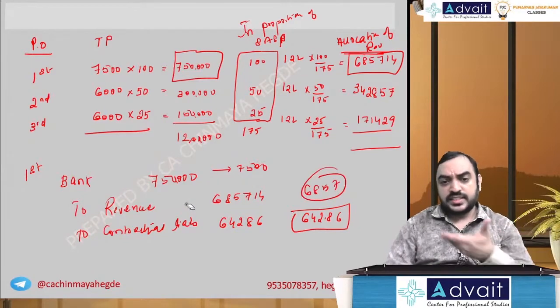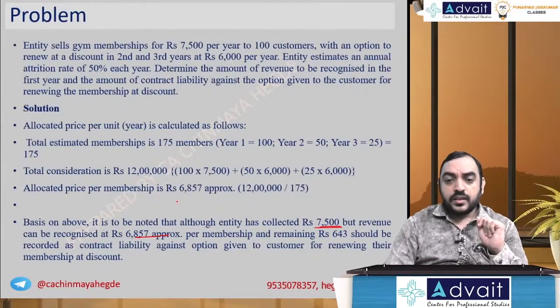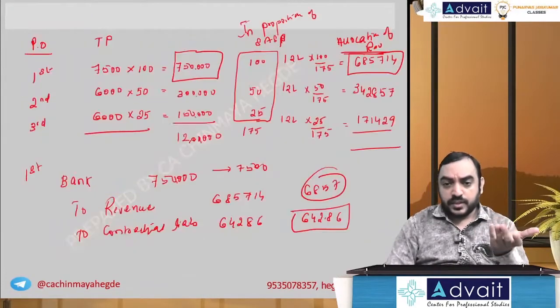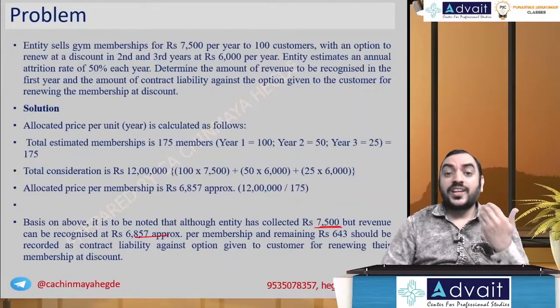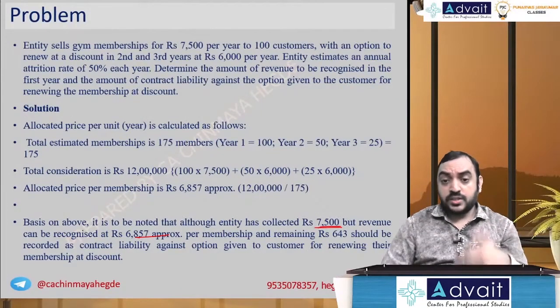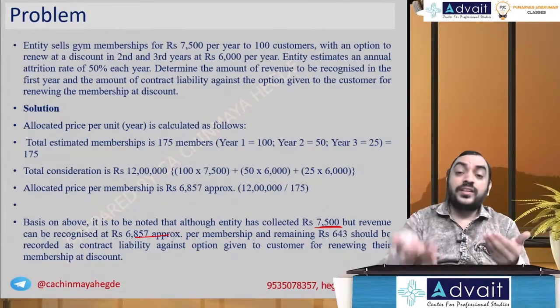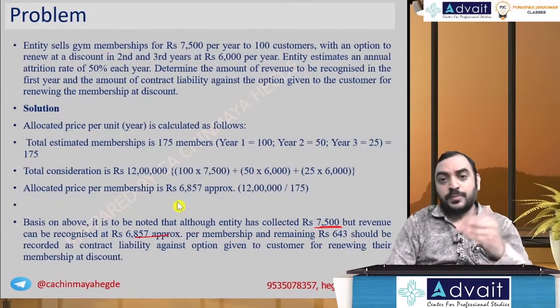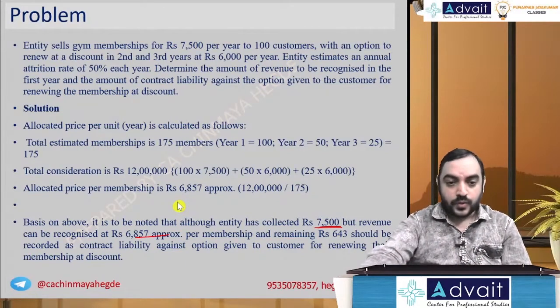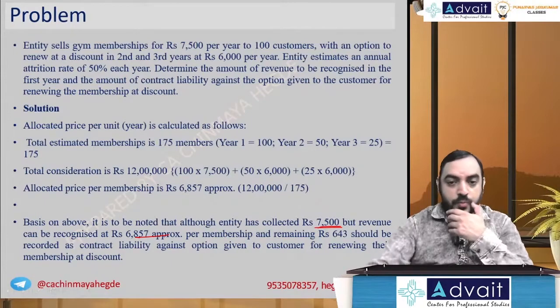For the year 6,85,714, and the remaining 643 should be recognized as a contractual liability with the option given to the customer for renewing their membership at a discount. So next year, when they renew at the discount, this amount will actually be recognized as revenue. I hope you got the point.